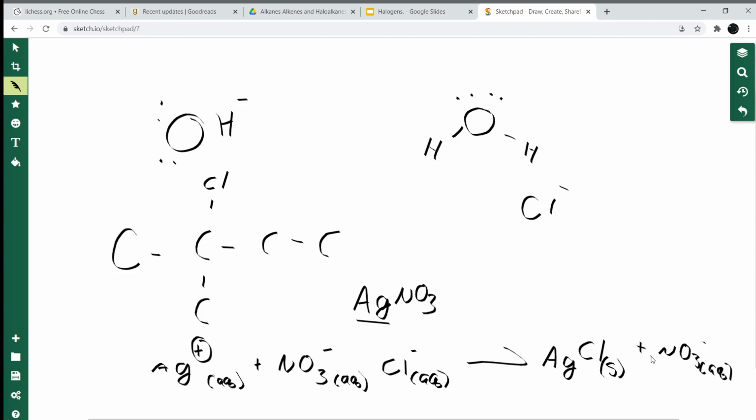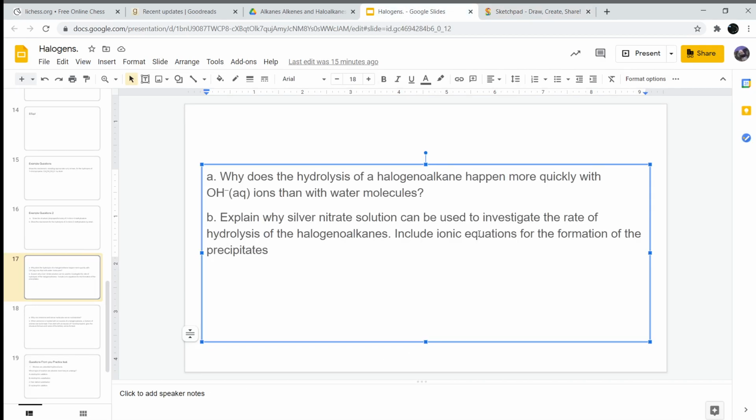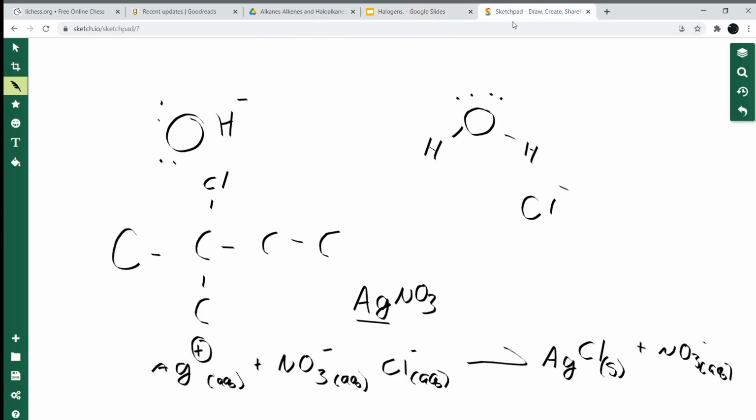So we use this to determine the rate, because as the reaction goes forward, what we should notice is that we get more solid being precipitated out, because we just keep producing more and more silver chloride. Okay? And here it wants the ionic equation for what happens when it precipitates, and this is exactly what happens when it does precipitate here. So we already have our ionic equation.